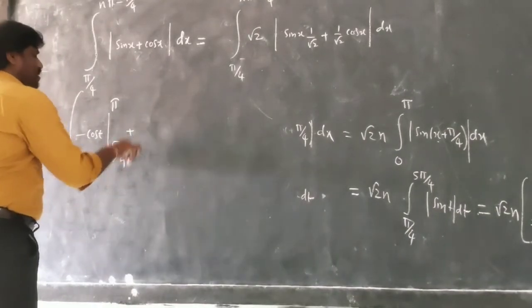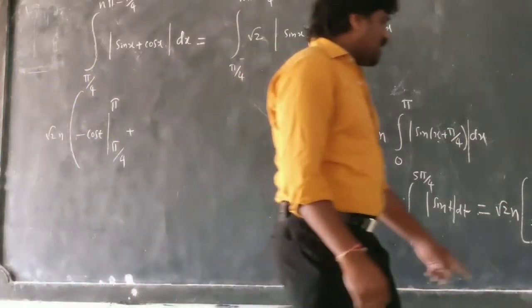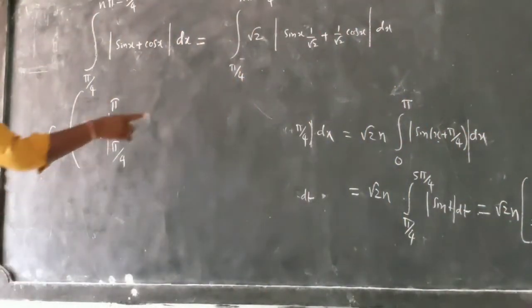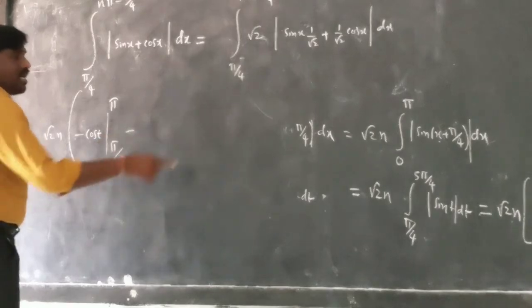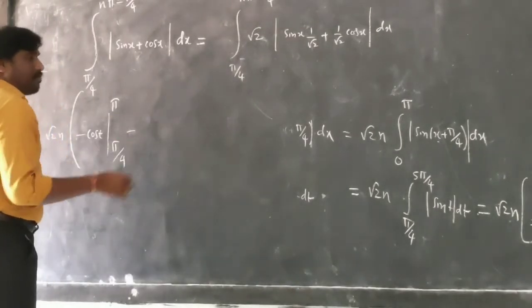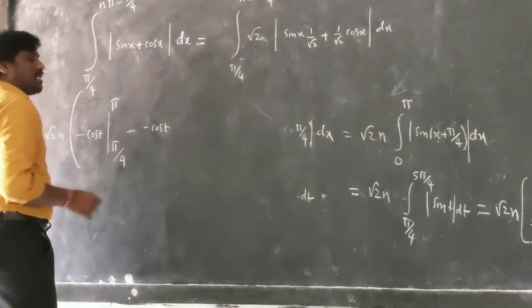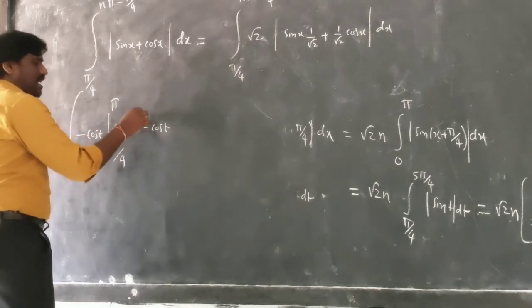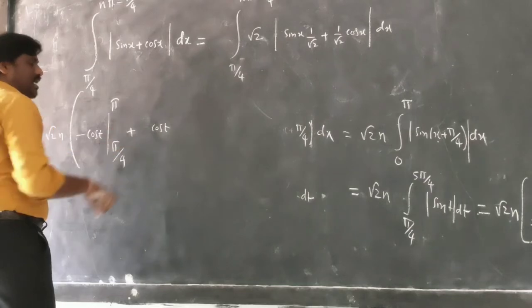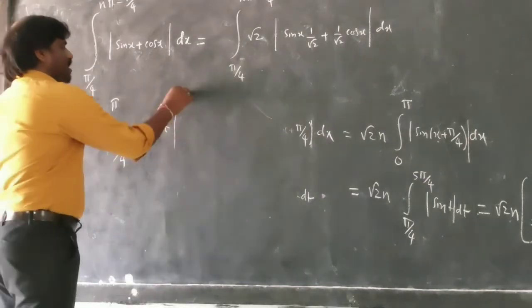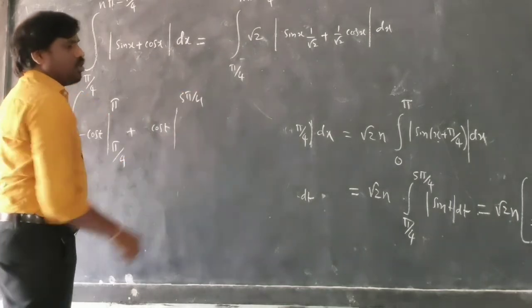Plus, then what you have here is minus sin t. What is the integration of sin t? It is minus cos t. So minus into minus becomes plus. Hope you understand this one. So I can write directly plus, and there you can write the limits as pi to 5 pi by 4.